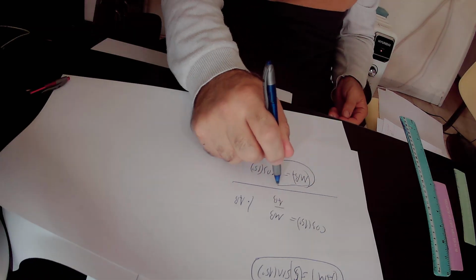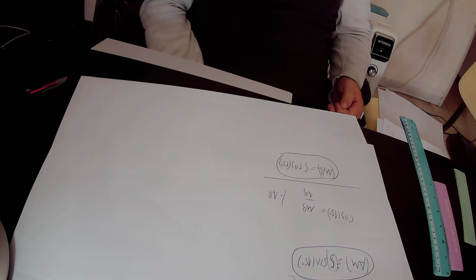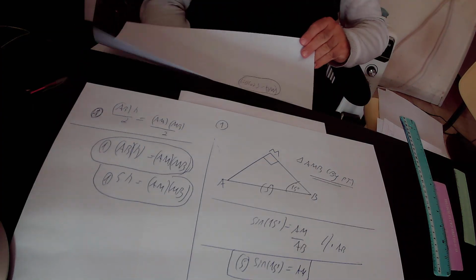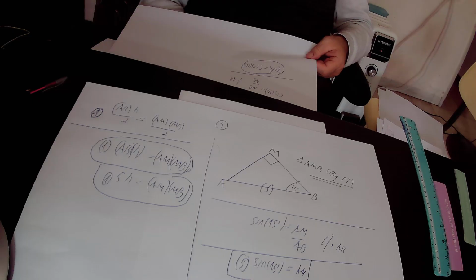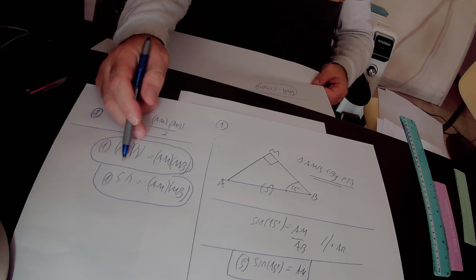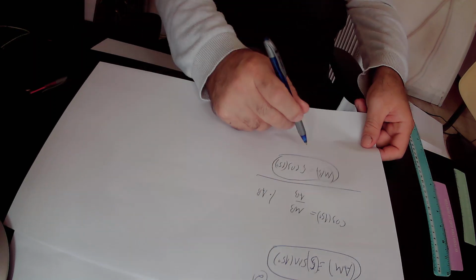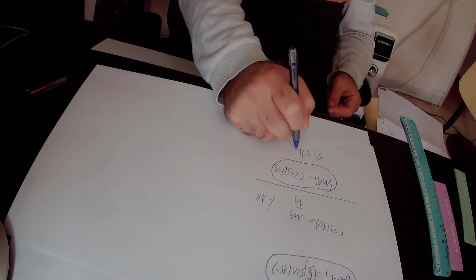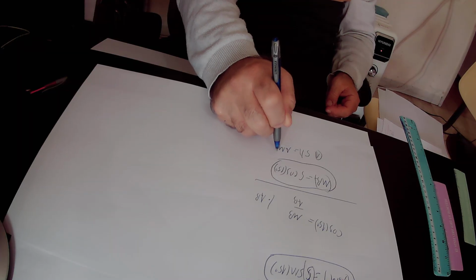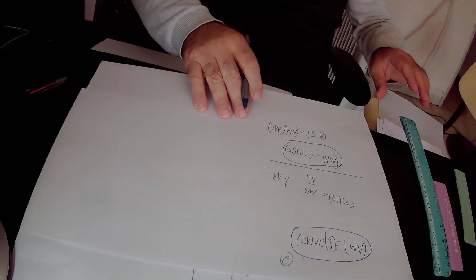So now we have the values of AM and MB. So in total, according to equation 1, 5H equals AM times MB.